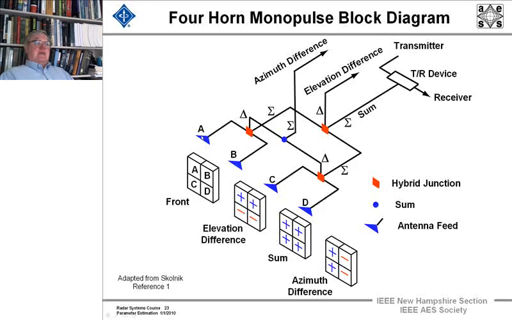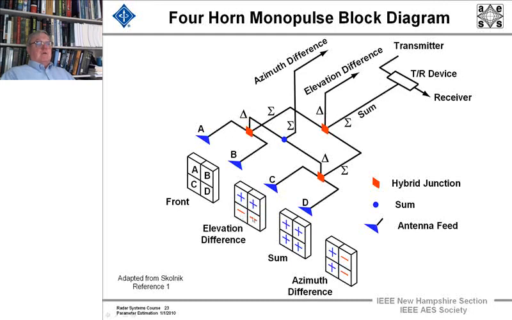So we'll have an antenna feed for A, B, C, and D that will be connected down here. And to compute the elevation difference, which is here, we want to take A and B and take their difference, and they will give us the delta pattern.